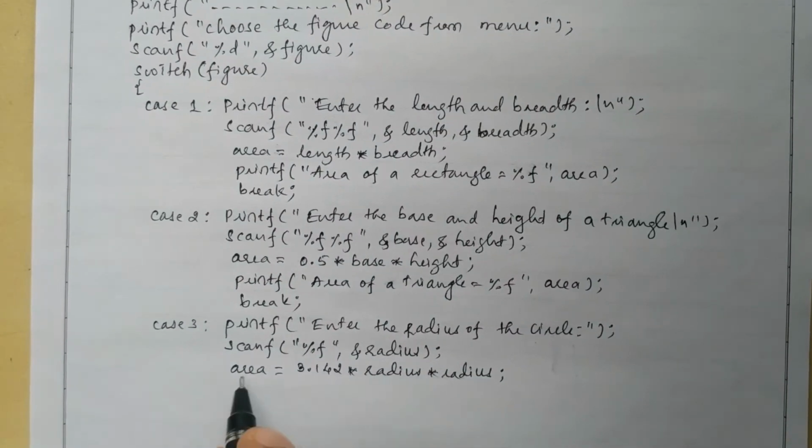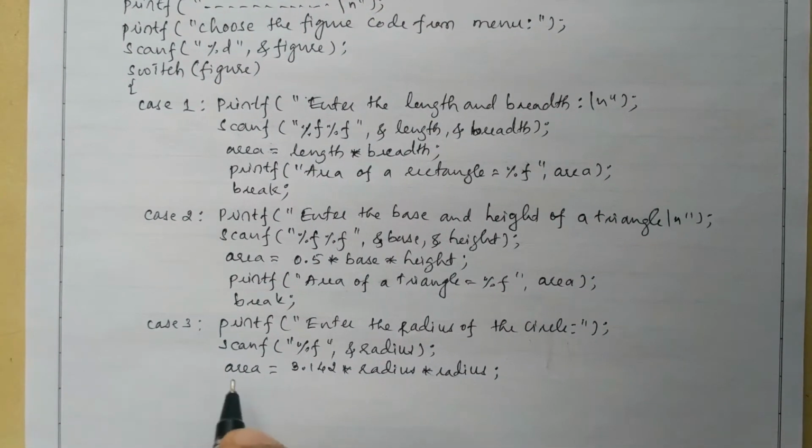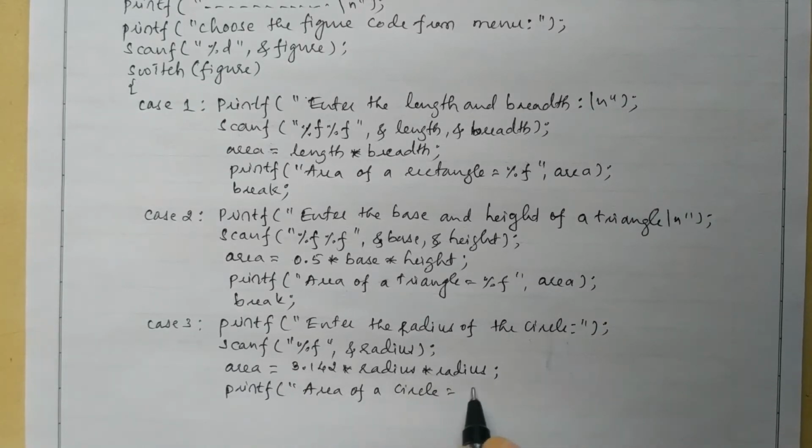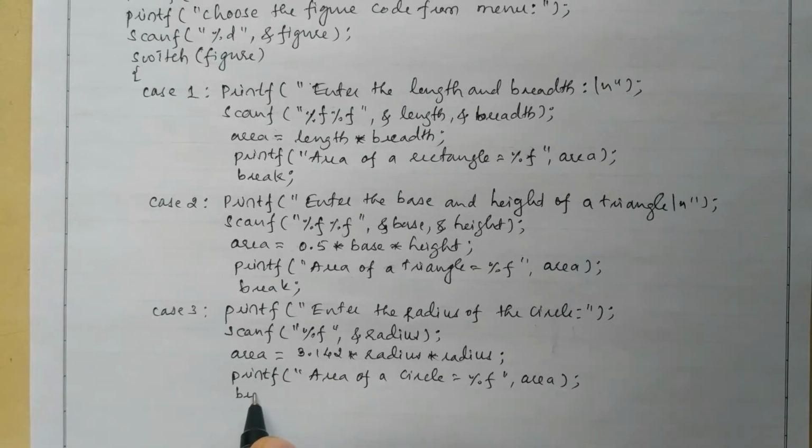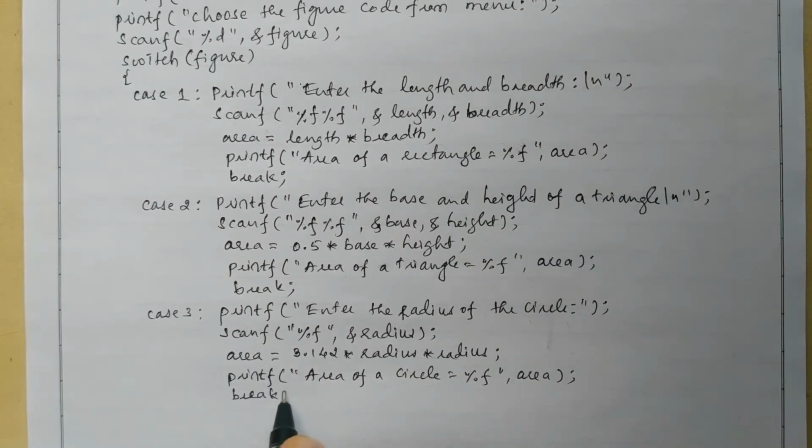Now the calculated value will be stored in area, and now we have to print the value stored in area using a printf statement. In the double quotation mark I am going to write "Area of a circle is equal to %f", end the double quotation mark, put a comma, and then write area. And after this again we have to write the break statement, break.